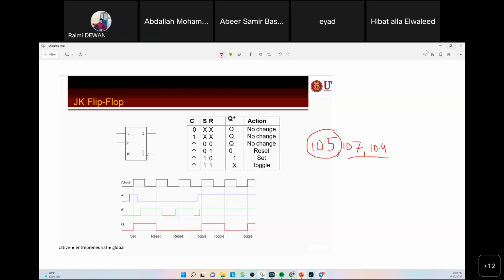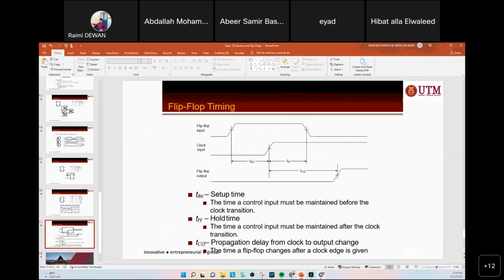Then we go to the next one, which is flip-flop timing. This is on the last page of Chapter 10, Latches and Flip-Flops. You can see flip-flop timing is like the operation times.